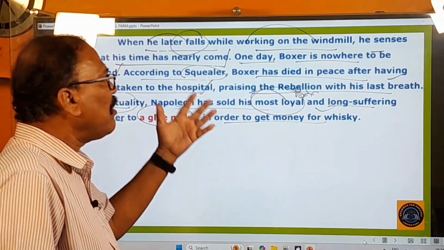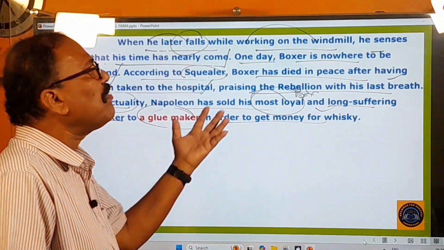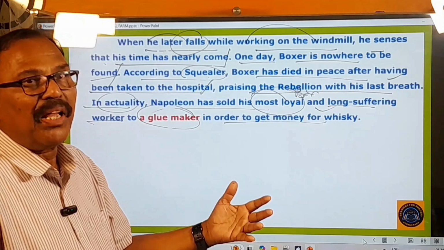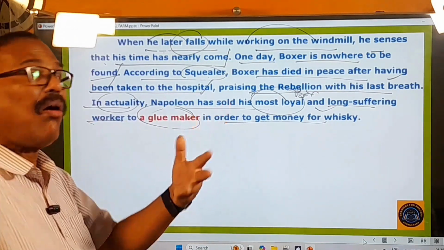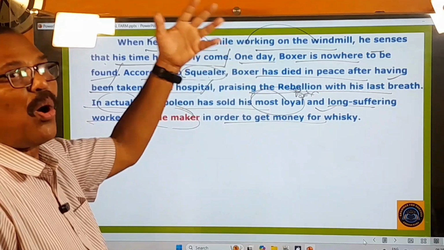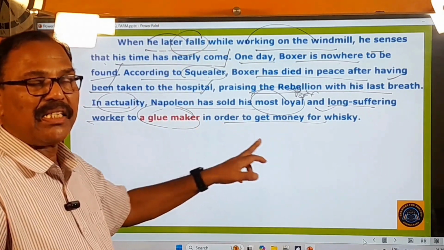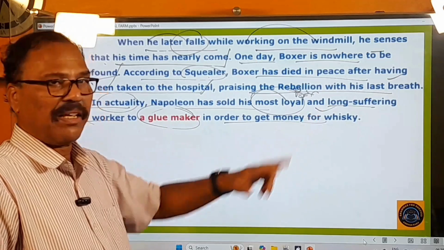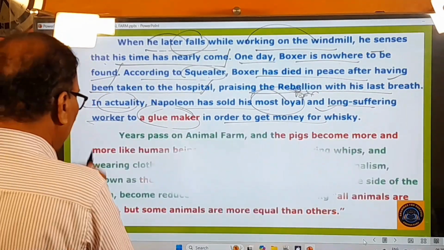He is a hard-working animal. He worked very hard for the windmill, and he supported Napoleon very strongly. All such things are there. Despite all these things, what happened? He has sold him to a businessman just for whiskey. Right. And now you move on to the next paragraph.